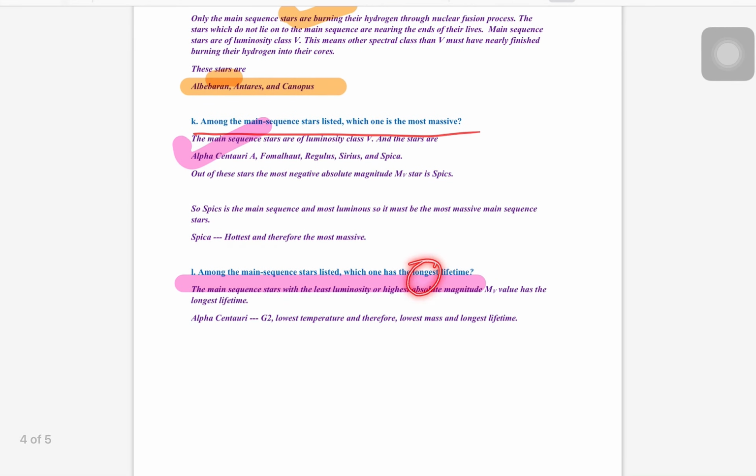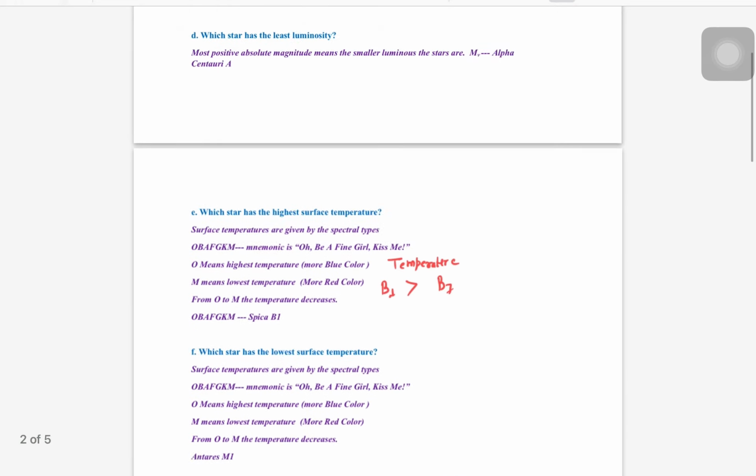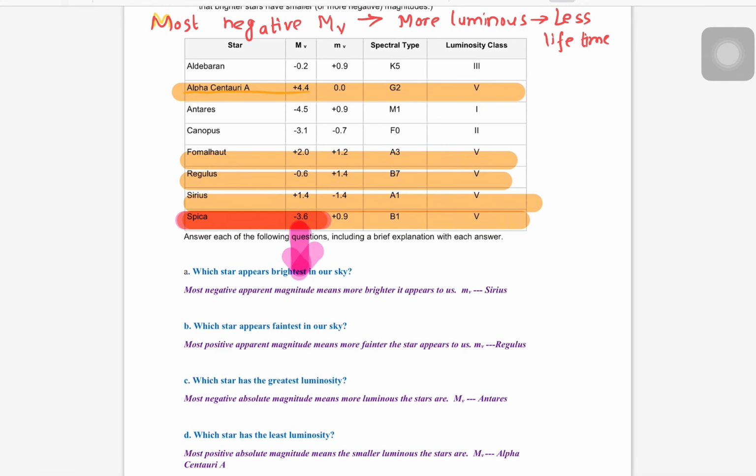Oh, it is asking about the longest lifetime. Okay, sorry, my bad, this one has the least lifetime because it is the most luminous. More luminous means least lifetime.